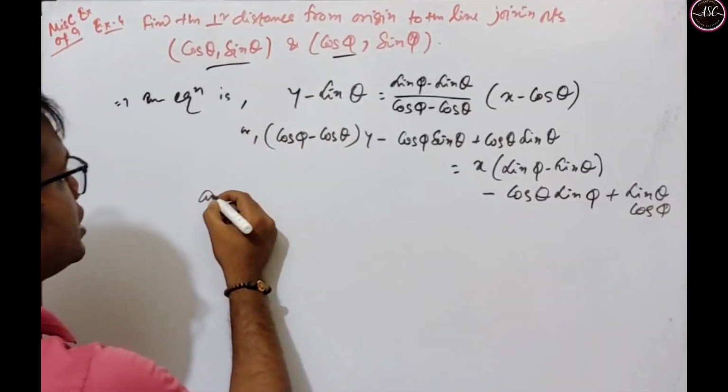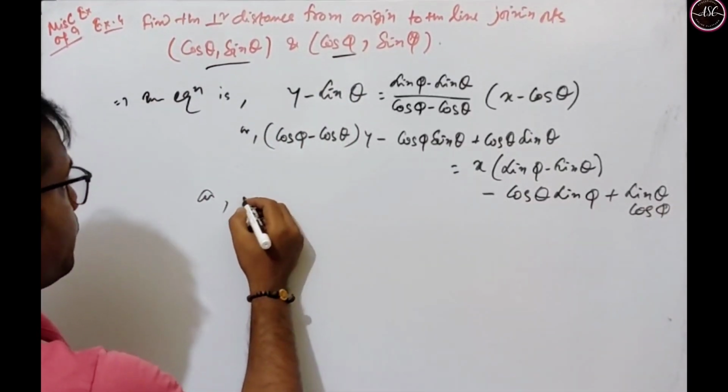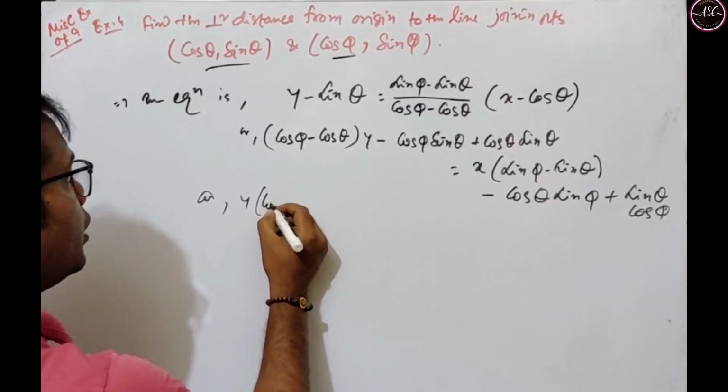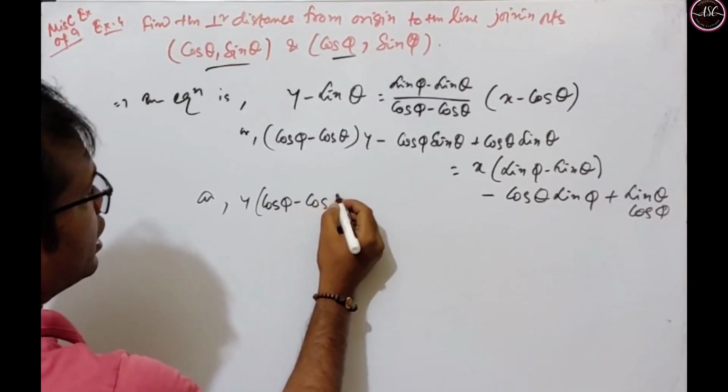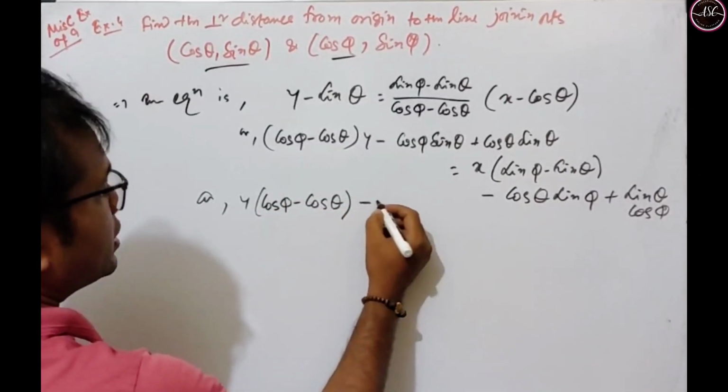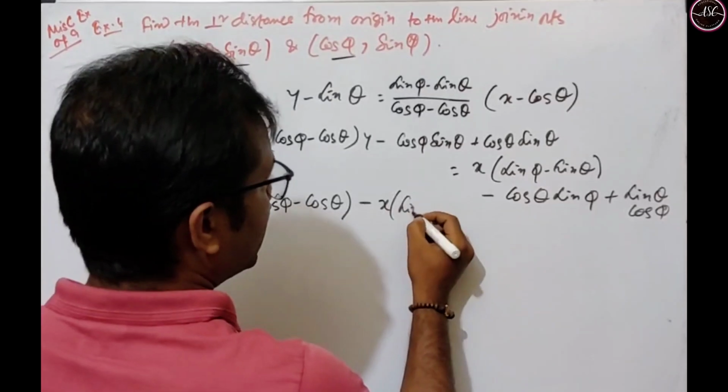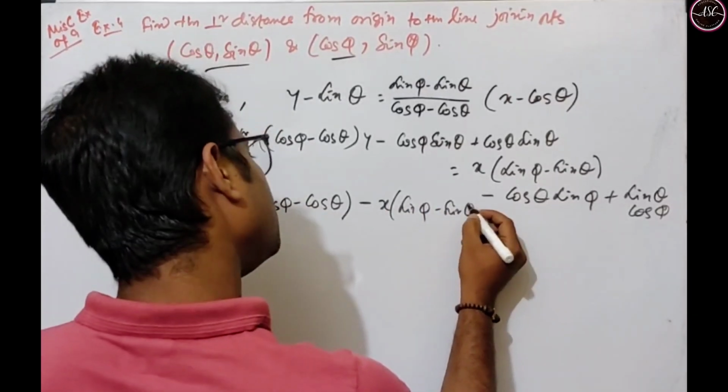Okay. So just moving here, we get y into cos phi minus cos theta minus x into sin phi minus sin theta.